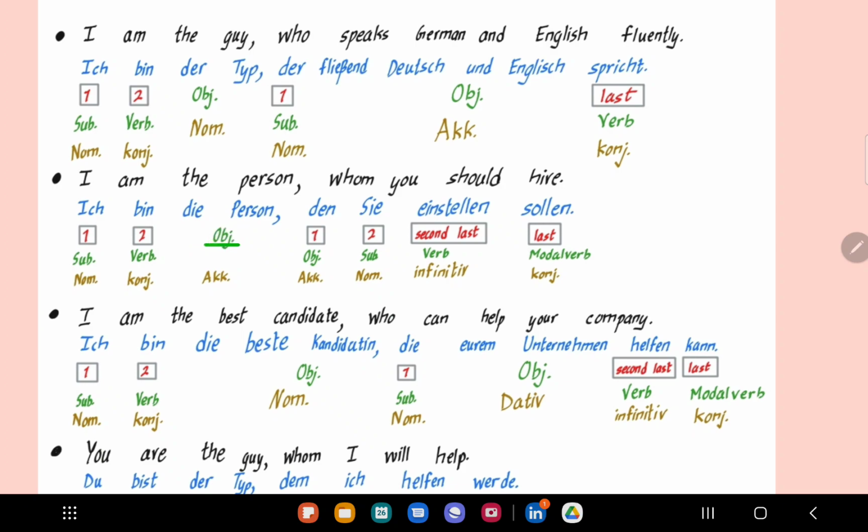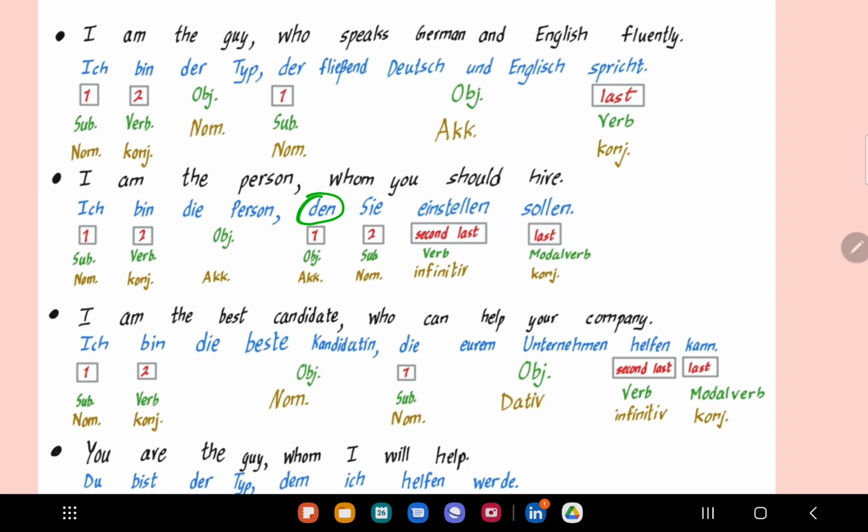The change only happens in dative. The die becomes der there, but here it doesn't matter. Now whom you should hire, so this den, right? So sie einstellen sollen, so sie sollen den einstellen. So what happens is den is here, then you have the subject, and then you can have the verbs.